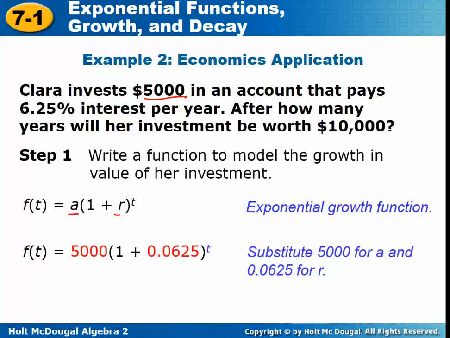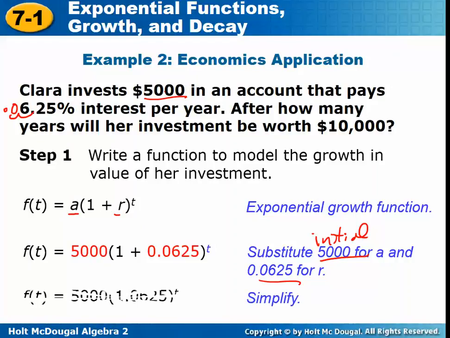So a is equal to 5,000, and r is 6.25 written as a decimal. So 6.25, move your decimal point over 2 places. You have to add the 0 after the decimal. So that's part of it, is to write the function that models that. And then we can simplify that just a little bit by adding the 1 plus the 0.0625 to get 1.0625 to the t power, and then the 5,000 in front of that.